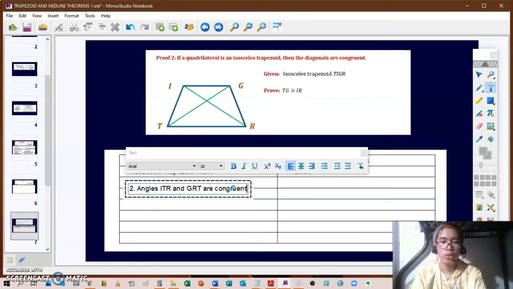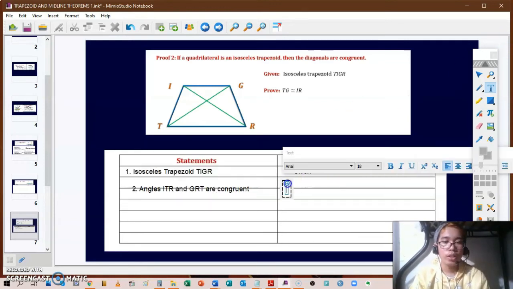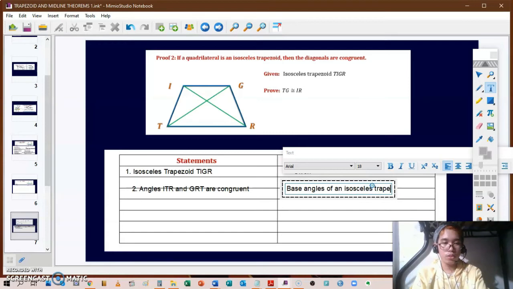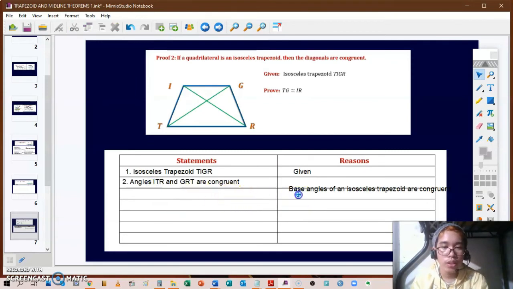So they're congruent to each other. So how are they congruent? Because the base angles of an isosceles trapezoid are congruent.